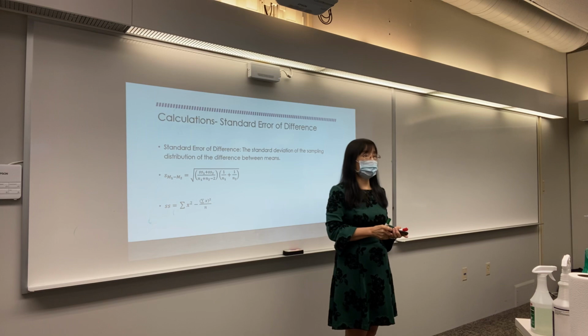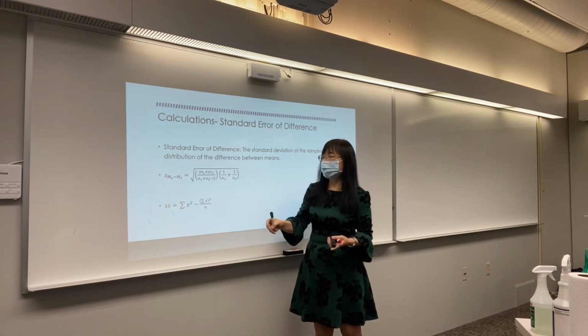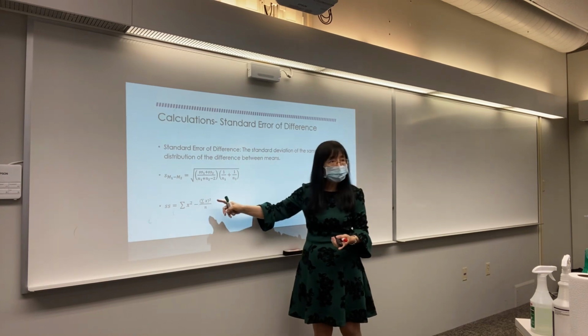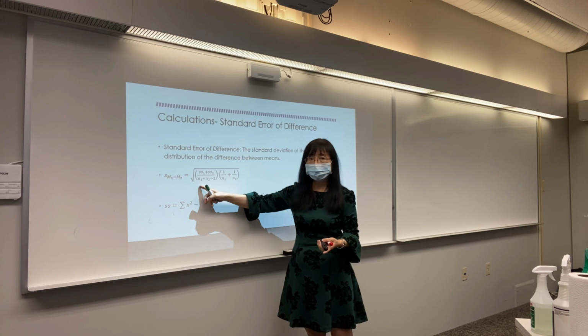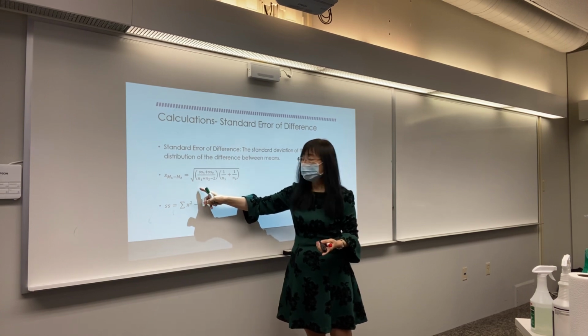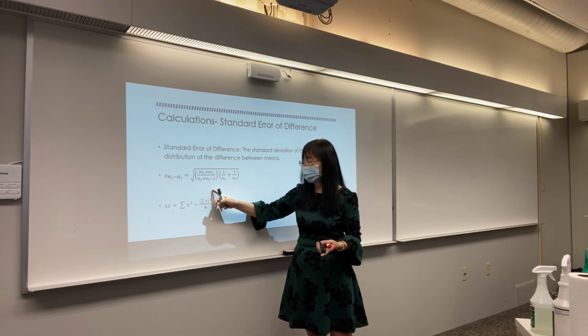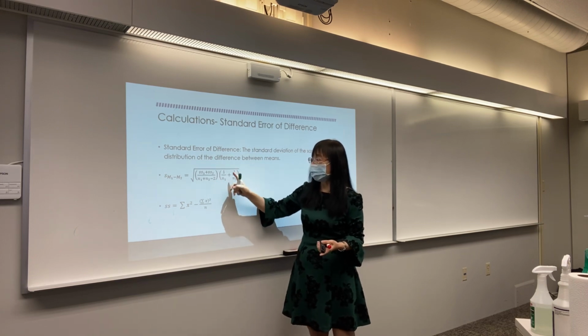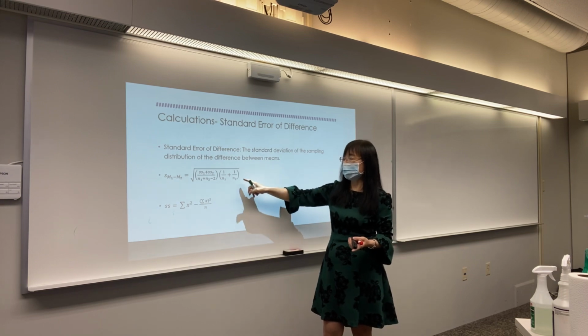Yeah, sum of square. You have to calculate sum of square 1 plus sum of square 2, divide by the group 1 number plus group 2 and subtract 2. Then parenthesis, and here will be 1 divided by group 1 plus 1 divided by group 2.